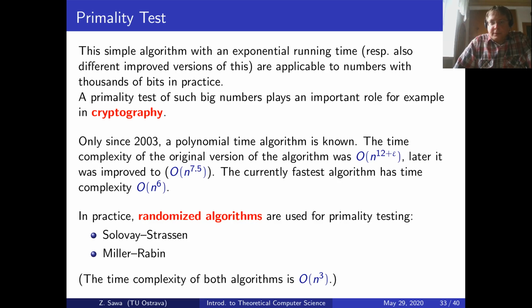So this is a kind of problem that is not only of theoretical interest, but it's also important in practice. We would like to have some algorithm that allows us to test for a big number whether it's a prime or not. As I said, they play an important role in cryptography.